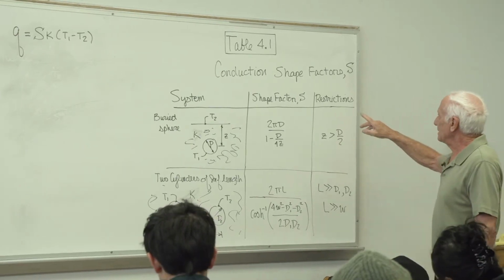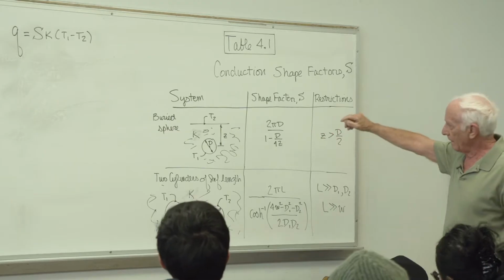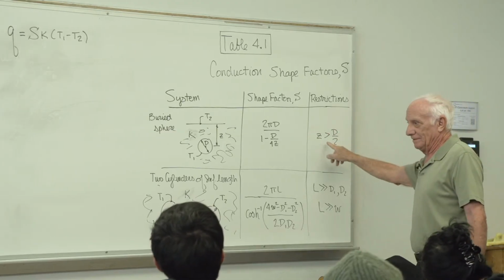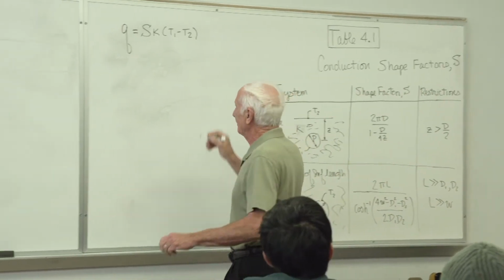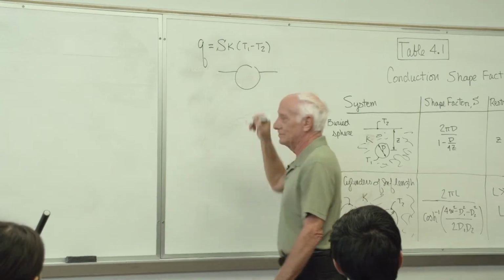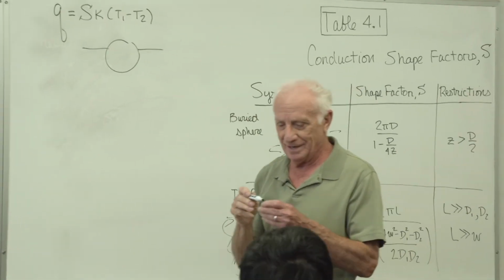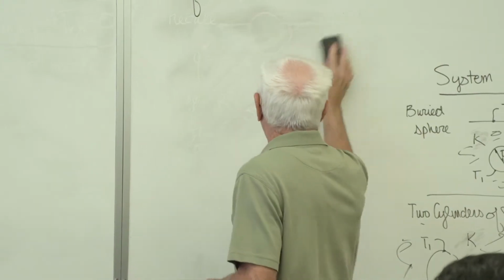The last column gives some restrictions you have to apply to use that shape factor. In this case, it says make sure that the sphere is buried below the surface of the soil. Don't look at a case like this, where the sphere sits at the top of the ground. It's got to be totally buried in that material of conductivity K.